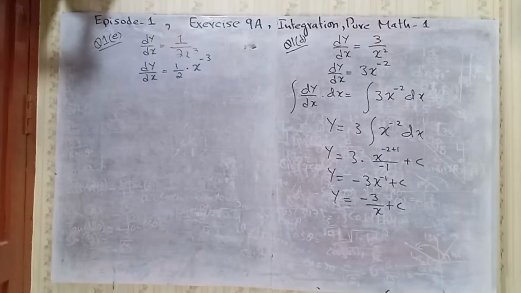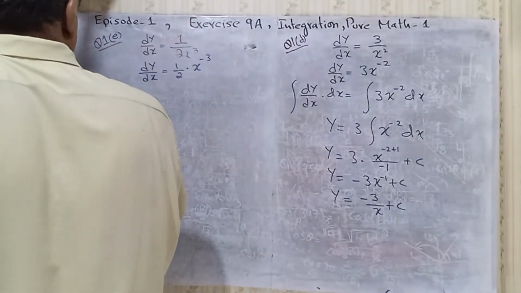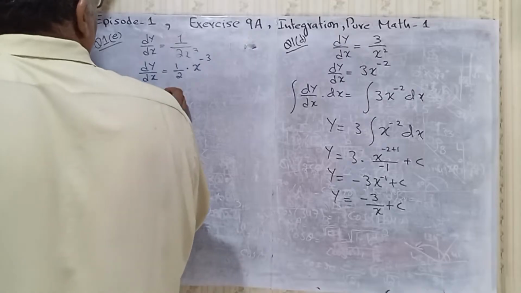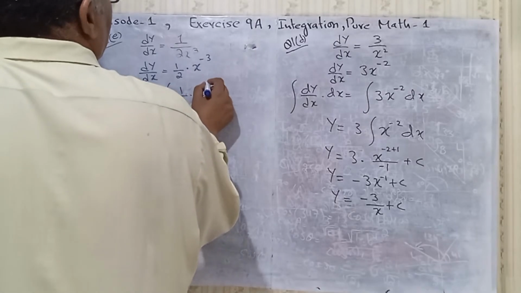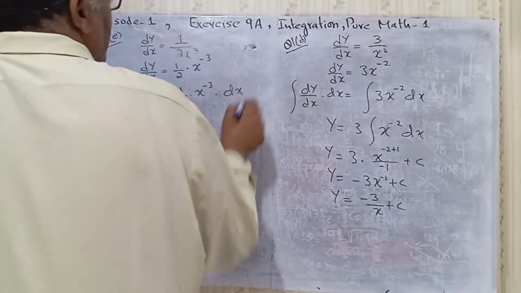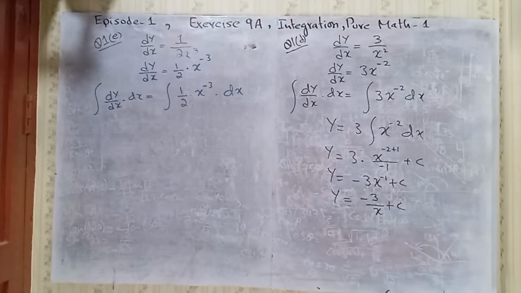I will integrate on both the sides. So this is the symbol for the integration. Dy by the dx into the dx is equals to integration of 1 by 2 into the x raised power minus 3 dx.